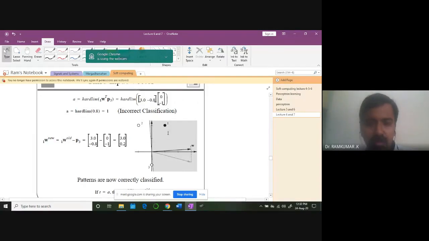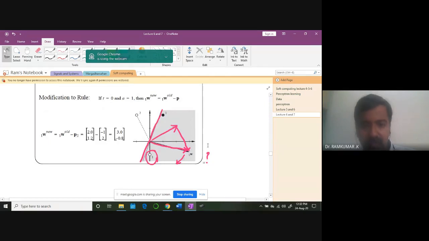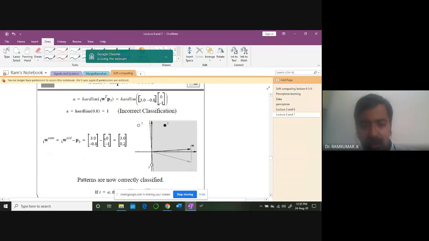Now I'm going to push it a bit. From this point, I applied it for the third point, P3. Incorrect classification, and therefore again that one is subtracted, and I'm getting a new point like this. This is my new weight vector.